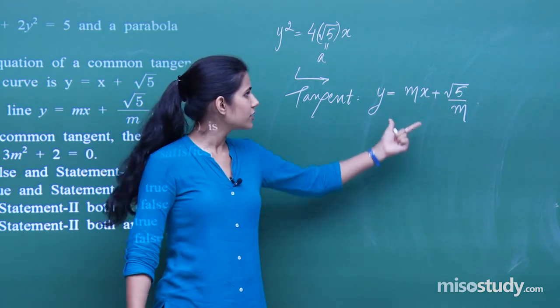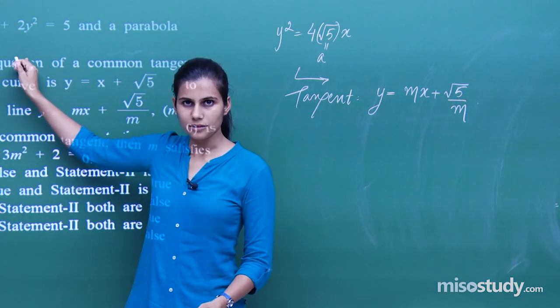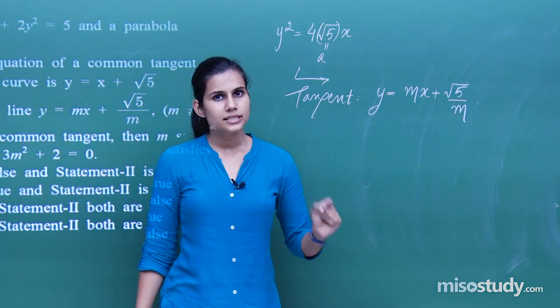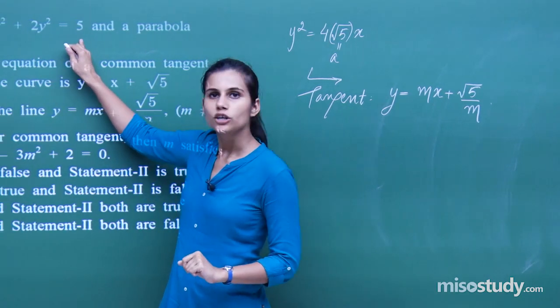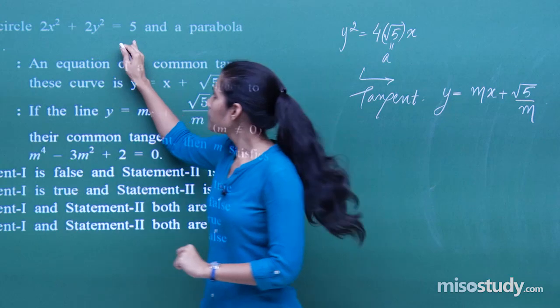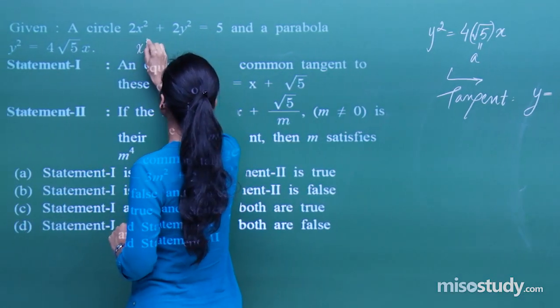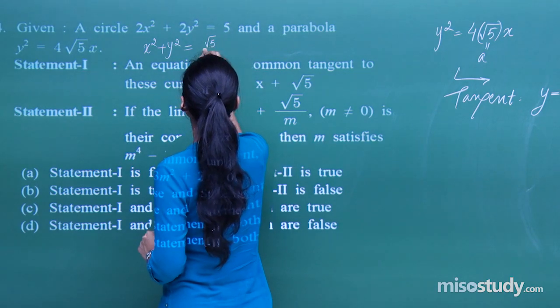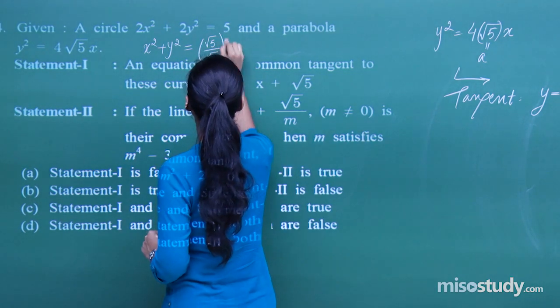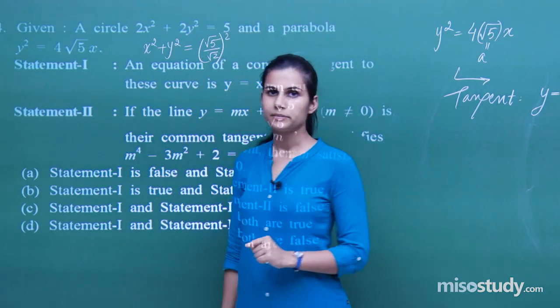The condition is for this line to be the tangent to this circle, the perpendicular distance of the center from this line should be equal to the radius of the circle, which is what? √5 by √2, because you can write this as x square plus y square equals (√5 by √2) whole square, right?